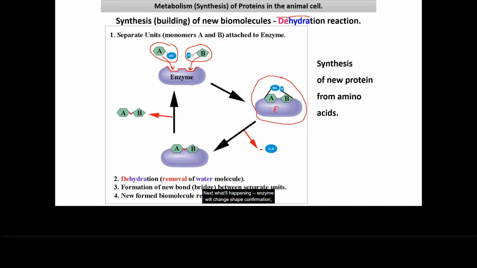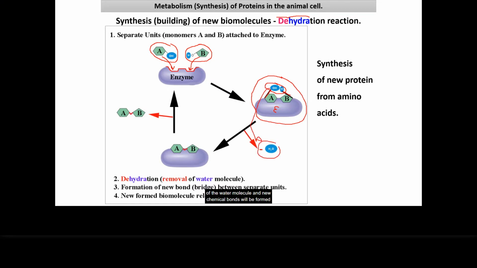Next, what will happen? The enzyme will change shape, conformation, and during this change of shape, these two units will be very close. And a water molecule here, from both of these ends of the connections, the chemical bonds, will be detached in the form of a water molecule.